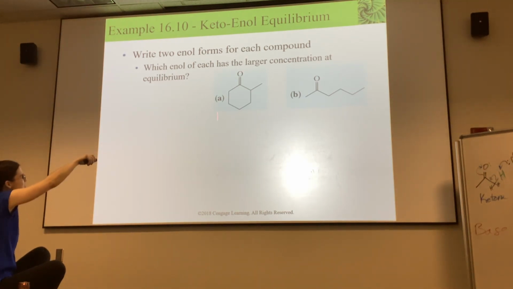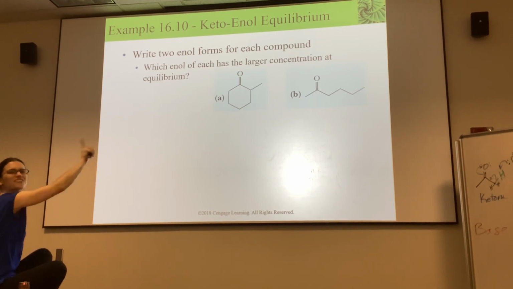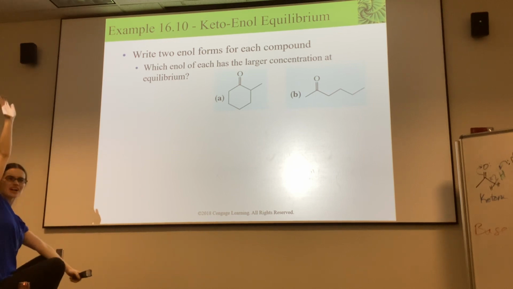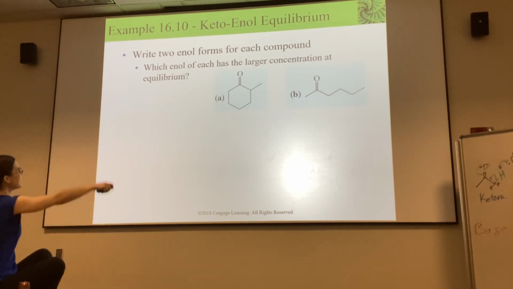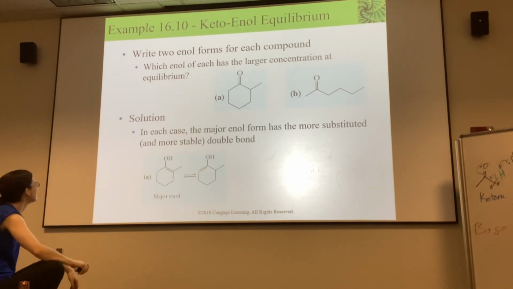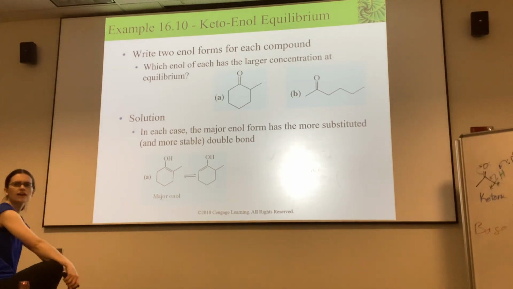Obviously, the oxygen likes the negative charge most, but which of these, right or left? Raise your hand for left. Raise your hand for right. Yeah, that one stabilizes more, right? Major enol. And I even think double bonds are more stable the more substituted they are.